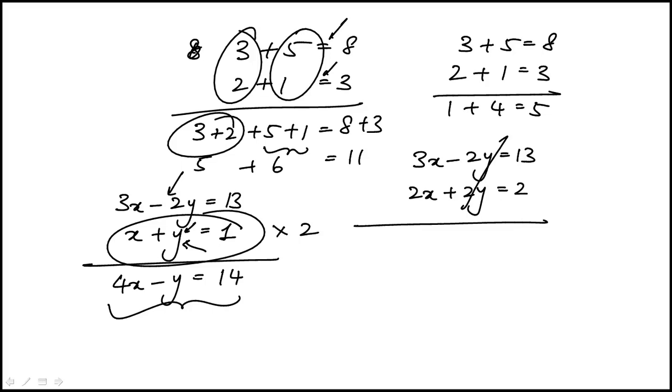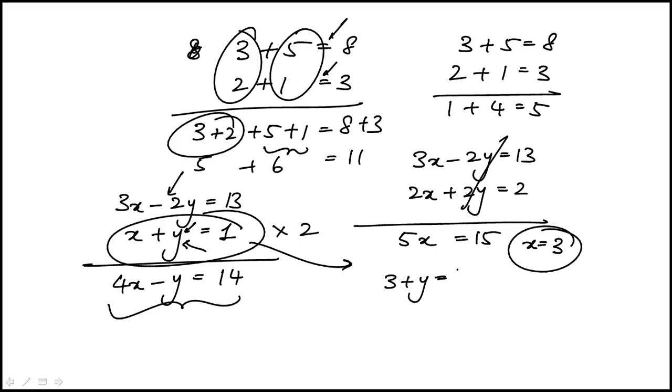And what I'm going to get is 5x is equal to 15. And x is equal to 3. And then to solve for y, I can either just substitute it back in this equation. So that would be x is 3, so y would be minus 2. So this is sort of the elimination approach.